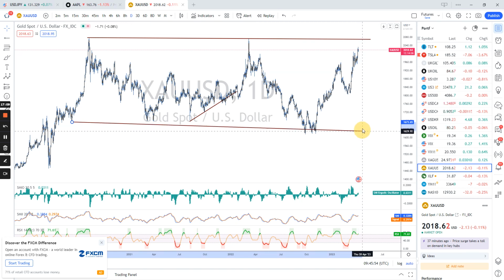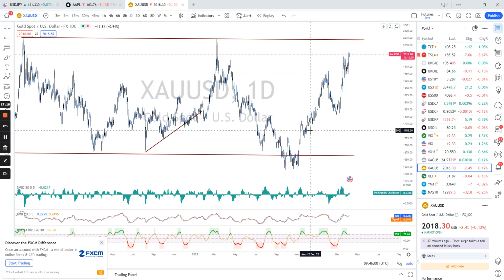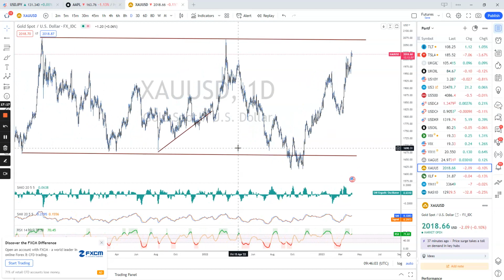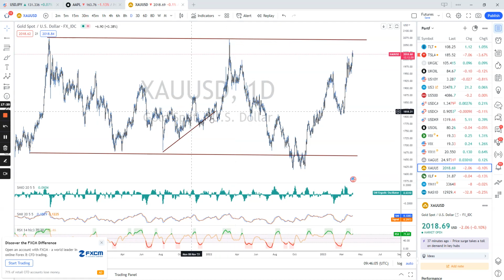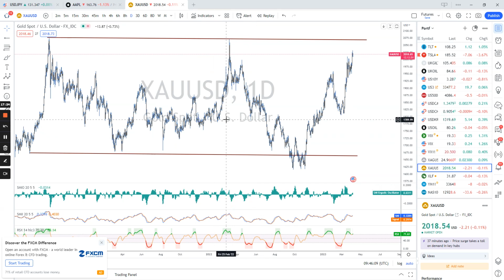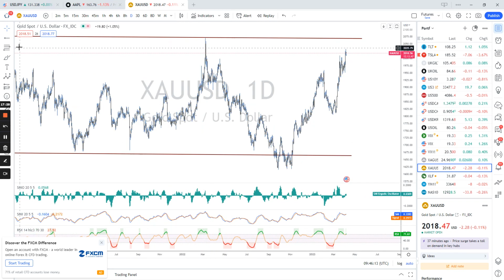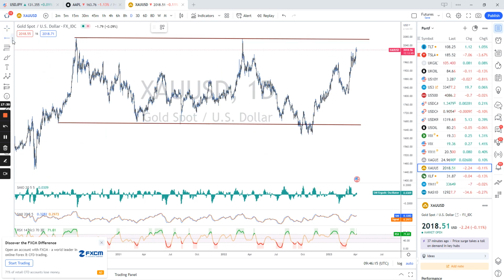It's far away from a simple thing. This is a rectangle which was breached to the downside in one case. The other way to look at this is with this falling trend line at the moment. I will show you also that.